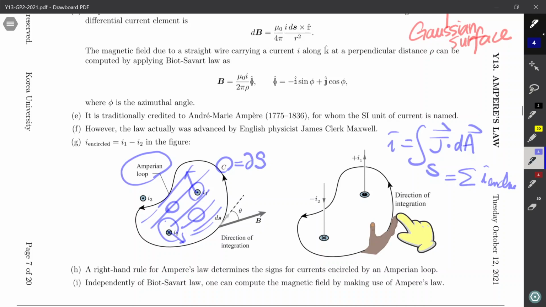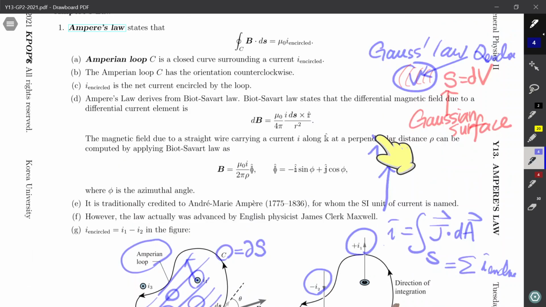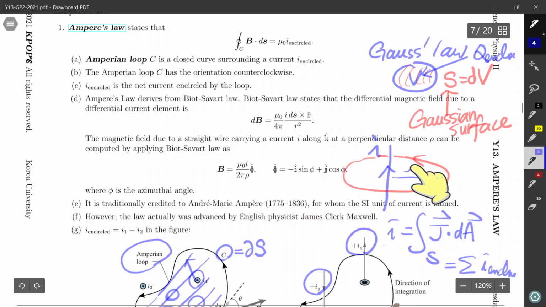Using Ampere's law, for example, we have a straight current, a current I along a straight line, an infinite straight wire. Then the magnetic field will be generated by symmetry. It's along a circle. We use a radius rho, applying Ampere's law.